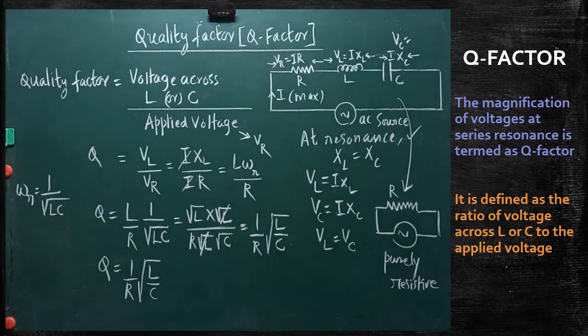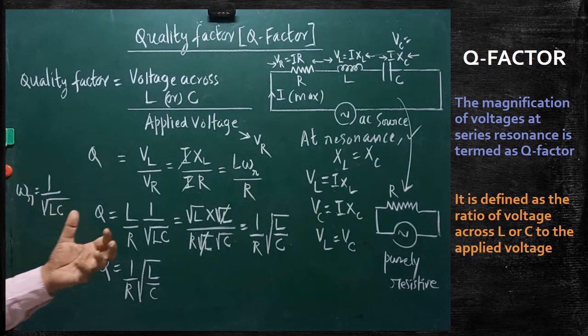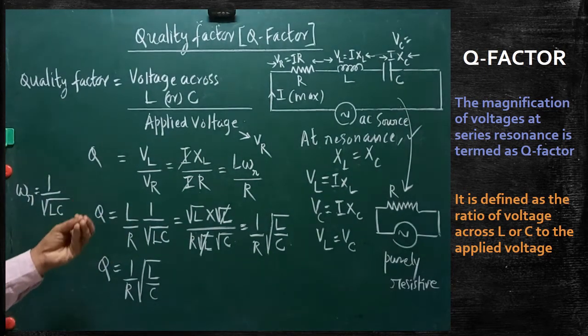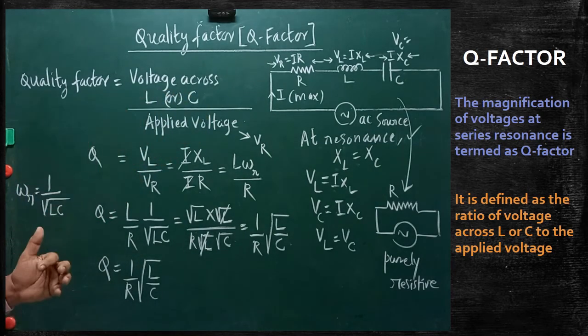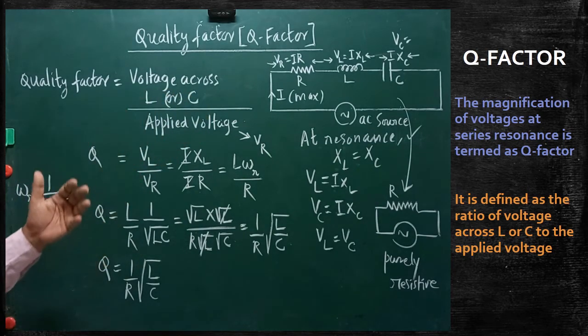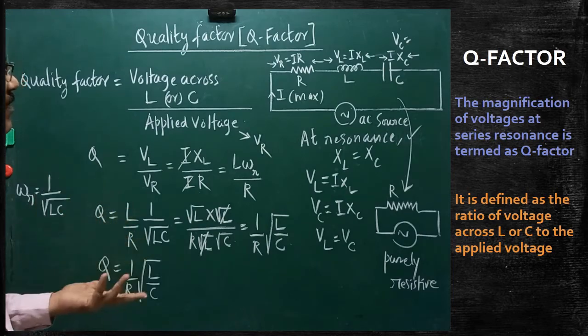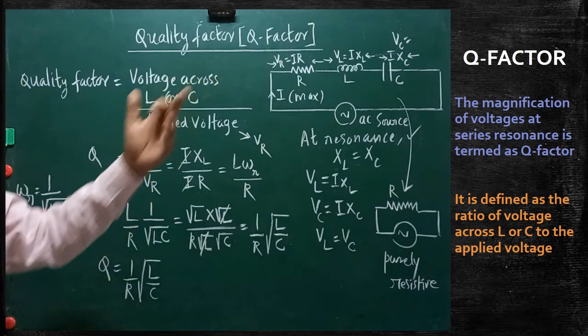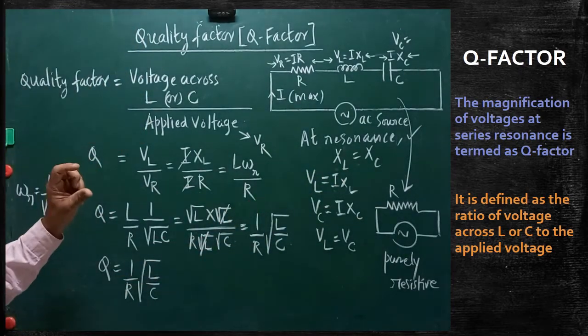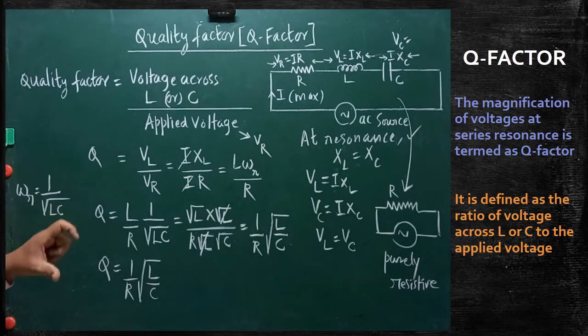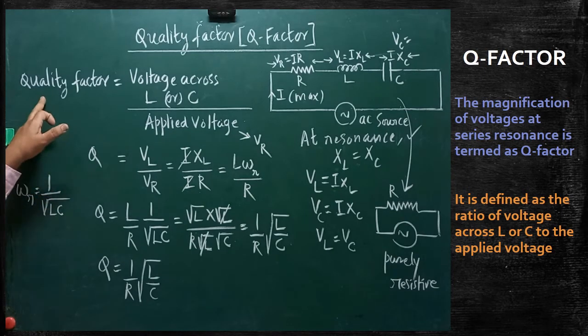The same quality factor is used to measure the sharpness in the tuning in the LCR circuit. Mainly they are used in the tuning circuits in the radio as well as in the TV. By varying C, we can make XL equivalent to XC. So at the time of tuning, the sharpness in the tuning can be measured with the help of the factor called Q factor. Are you clear?